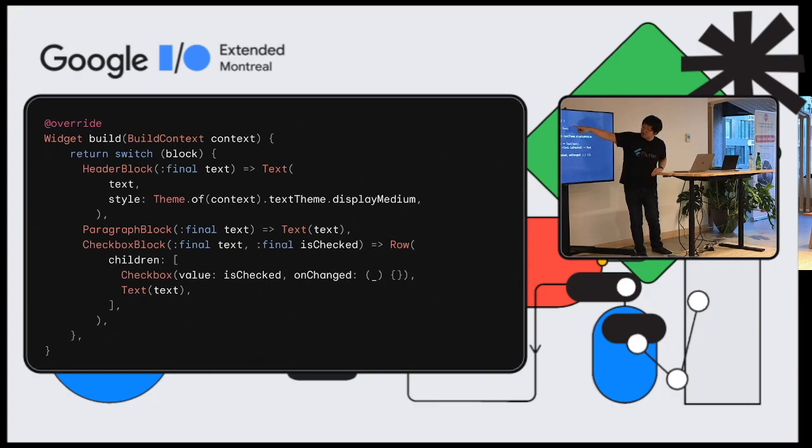When the block is a paragraph, I'm going to render text with the default theme, and the same for the checkbox. This is the benefit of using the sealed class, and basically it's kind of an enum, right? You have block, and you're just matching the type, and then whatever you want. Before that, it was kind of tricky, but now you can make really clean code with this syntax.